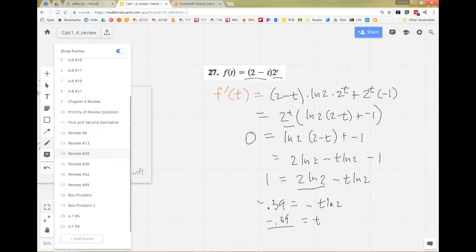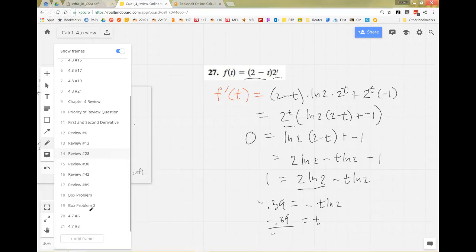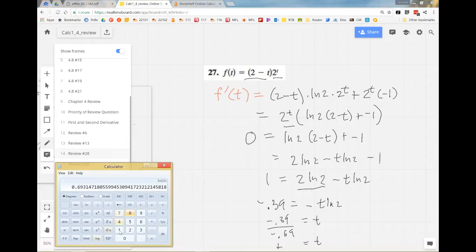And the natural log of 2 is again what? 2 natural log, negative 0.69. It's about 1/2. Let's do that real quick. 0.39 divided by 0.69.